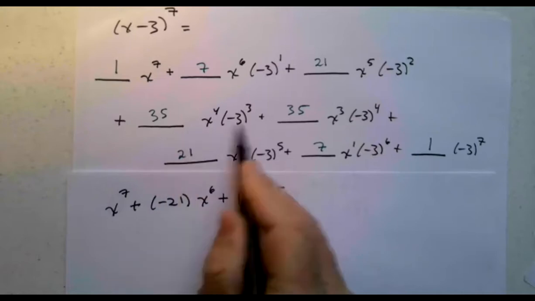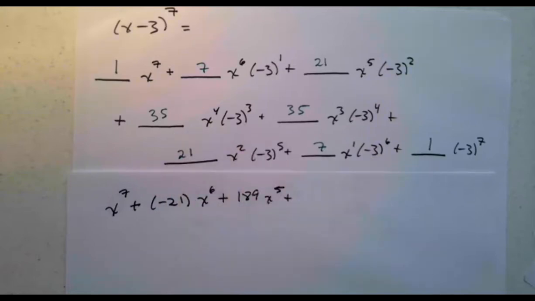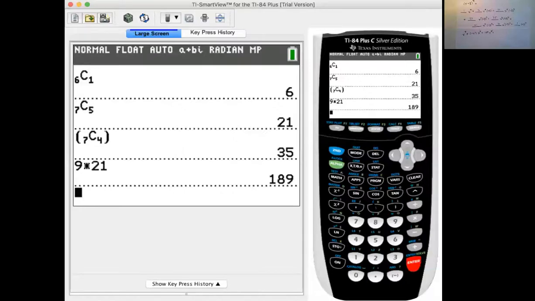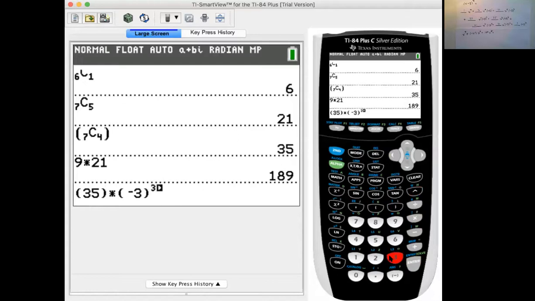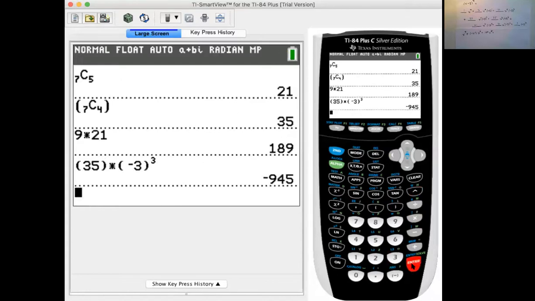Plus, now I have 35 times -3 cubed. Times -3 to the 3rd power is what? Is -945.